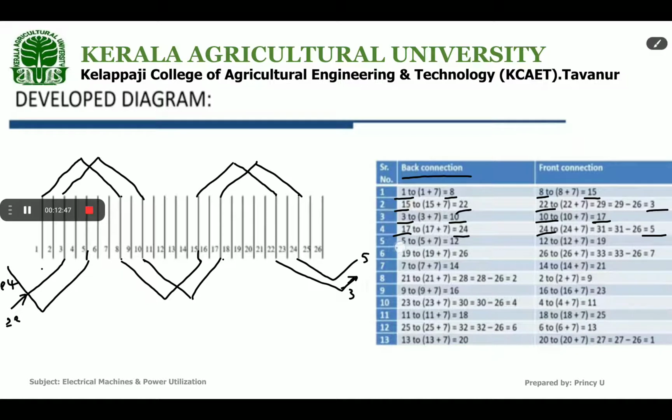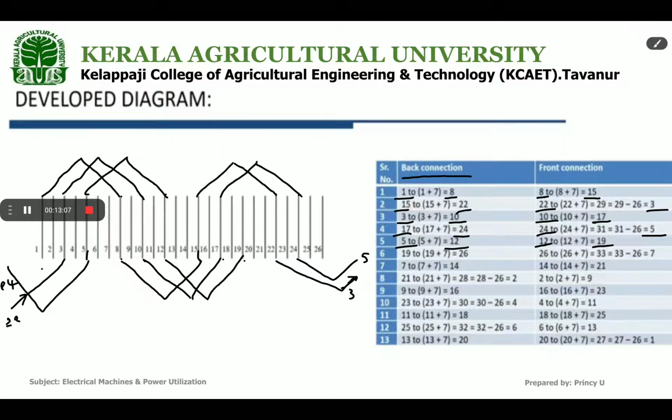So from 5, the back connection is to 12. 5 to 12. So drawn like this, it should reach 12. From 12 to 19, it should reach 19.